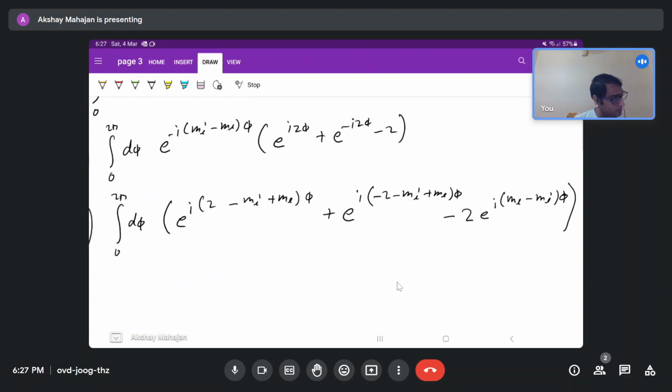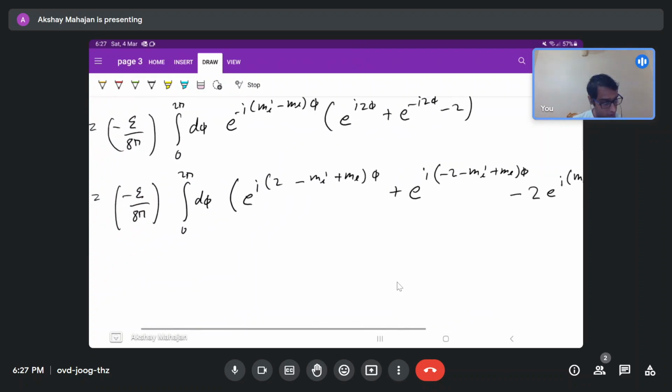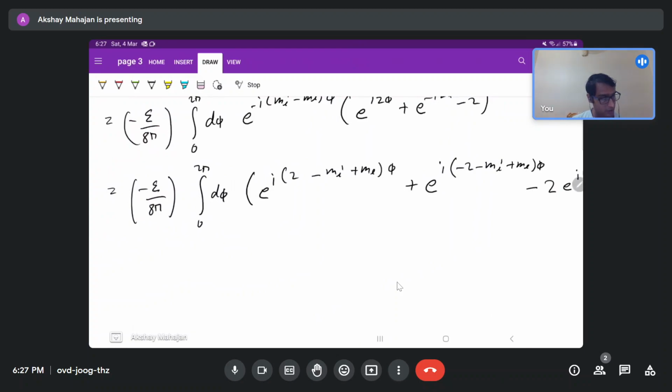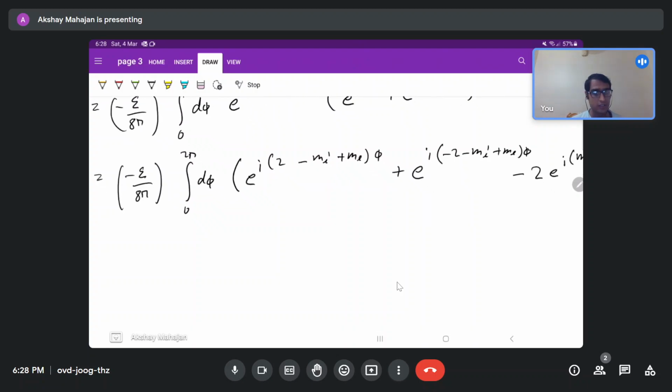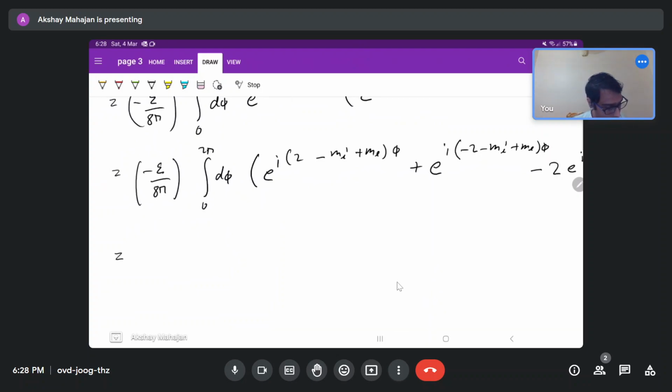Now after we have written it like this, you can check that each of these e^{iφ} integrals gives a value of 1 only when whatever is multiplying φ becomes 0, otherwise the integral will give us 0. So if it is e^{i0}, we just have 1 and we get 2π, so we get 2π times delta terms.